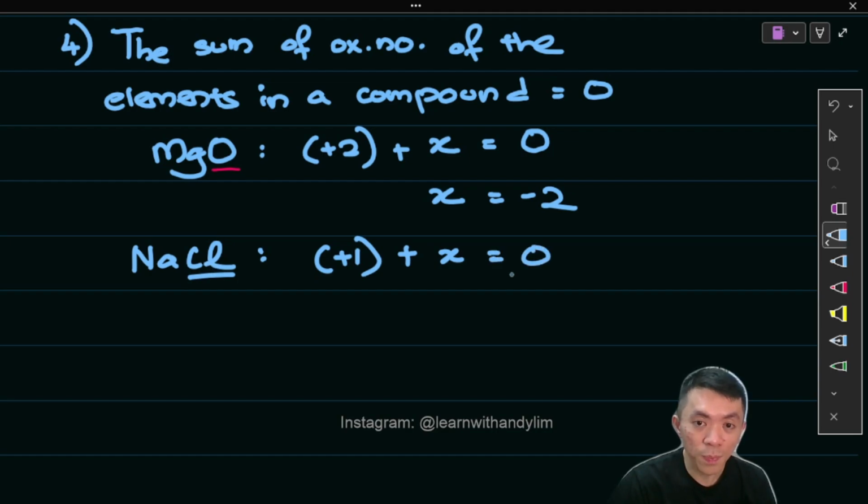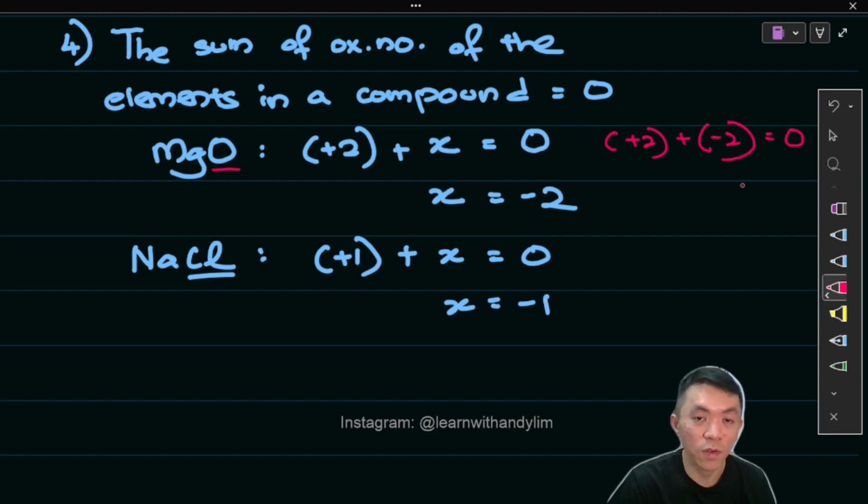Equate the sum to 0, and my X will be -1. The concept here is I have +1 plus -1, I get 0. The sum of the oxidation numbers in a compound is equal to 0.